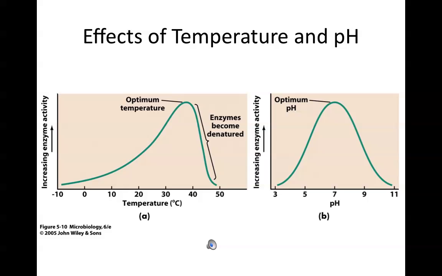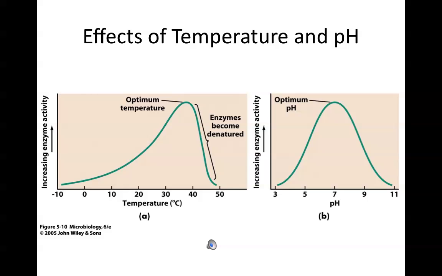If you take a look at the temperature graph, notice that as we increase the temperature from the temperature minimum, which on this illustration is about minus 10 degrees Celsius, to roughly 35 to 40 degrees Celsius, we have essentially gone from a minimum temperature that's suitable for function to the optimum, which is the best possible temperature for that enzyme.